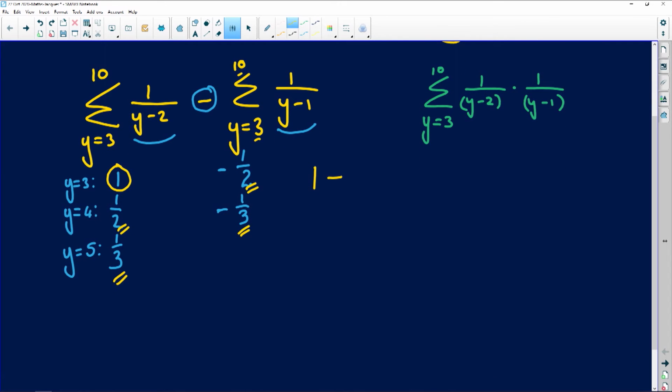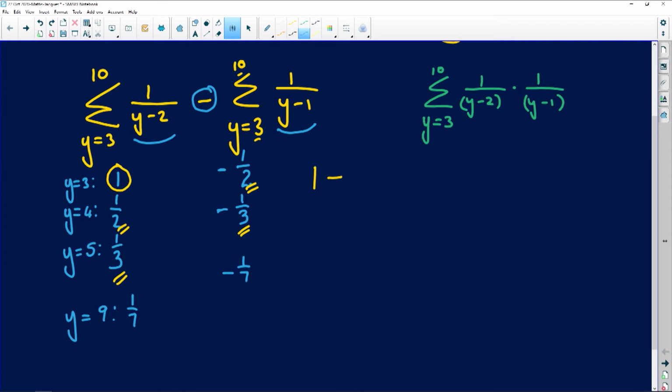I can now jump all the way to y equals, let's do 9 first so that Tapelo believes me. 9 minus 2 gives us 1 over 7, and we expect that something here, look at this, the 5 and the previous 4 cancelled. So this will cancel with here where y was 8 in this sequence.